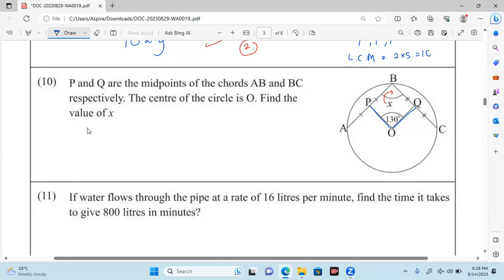I have taught you that if you see a particular diagram like this, then what is it? Perpendicular. Yes, this drawn line is perpendicular to the chord.